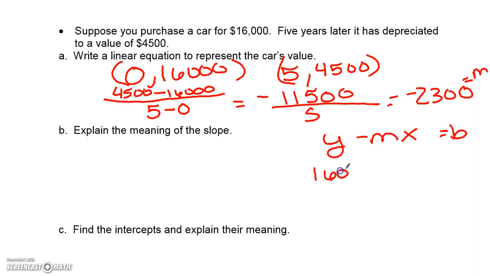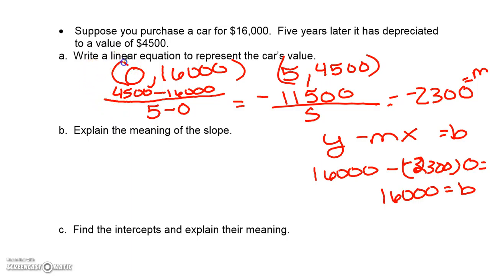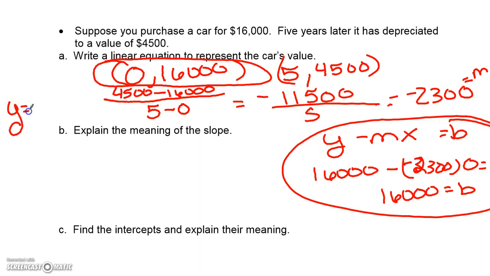So 16,000 minus negative 2300 times 0, which ends up being 16,000. If you recognize this as the y-intercept, then you would not have had to do this part. So our equation is y equals negative 2300x plus 16,000.